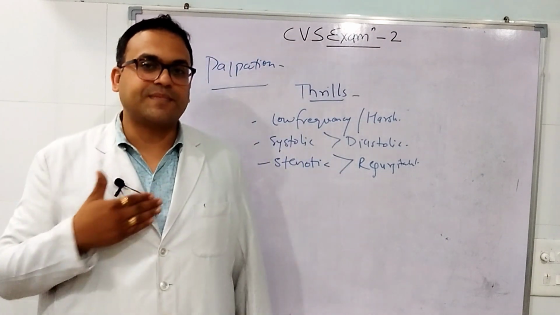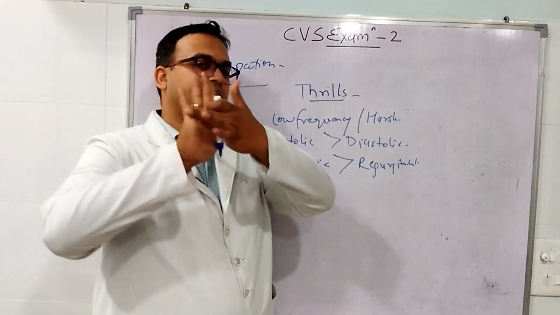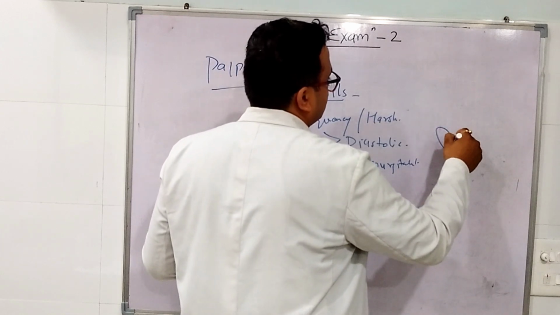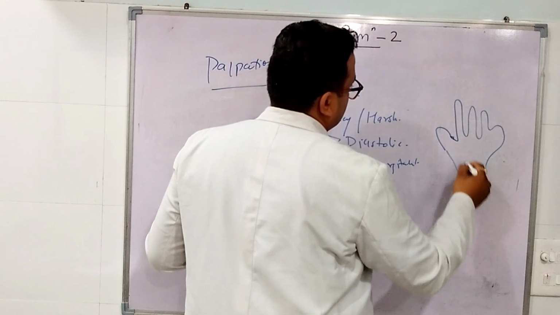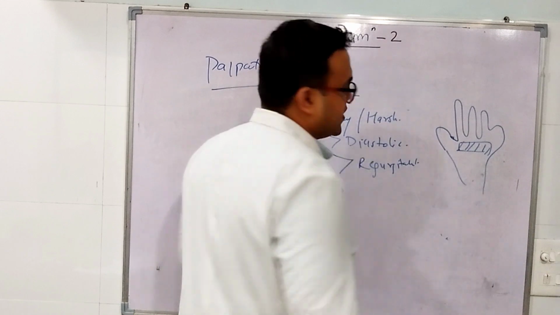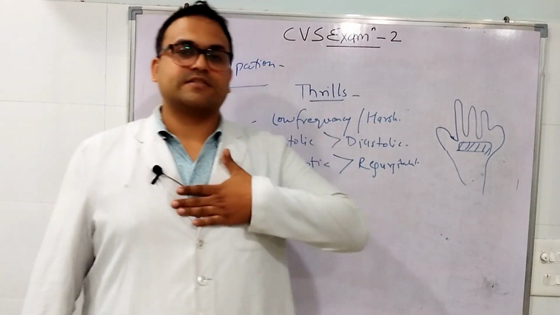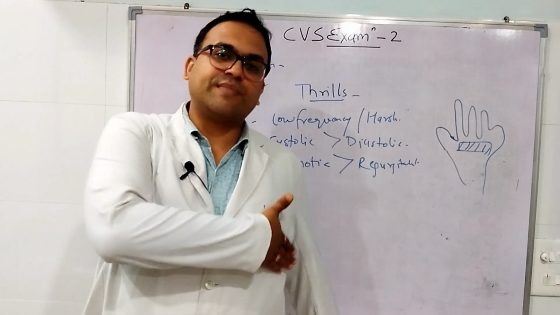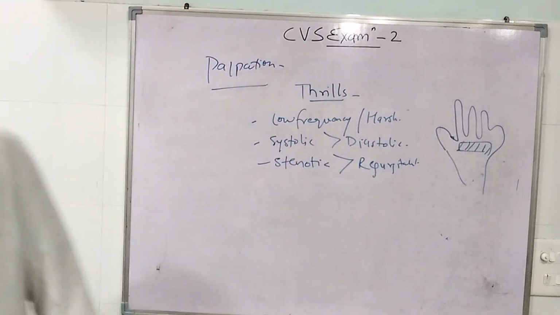Also, thrills are felt with this part of the hand, the distal part of the hand. So in aortic stenosis it will be felt in the sitting up and bending forward position, and in mitral stenosis it will be felt best in the left lateral decubitus position.